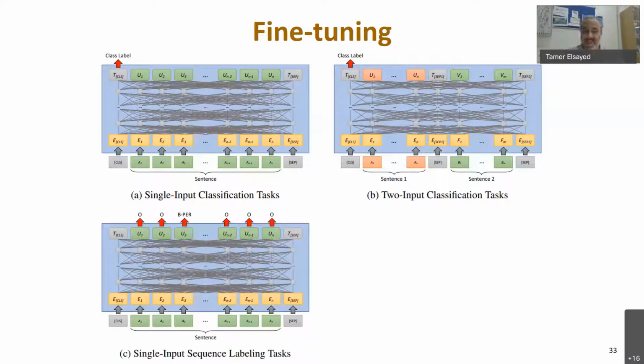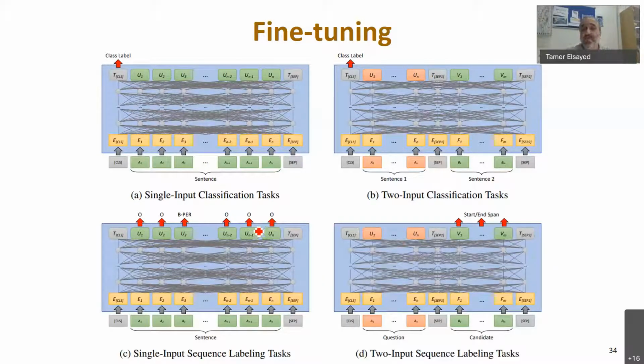In this case, I will also have the labels for each word, and from the embeddings for each word, I can train a classifier. Similar thing, but now I have a label for each token. I will not use only the CLS embedding. I use the embeddings for each specific token to train whether this is a name or not, or whatever the tags will be. So that's single input sequence labeling.